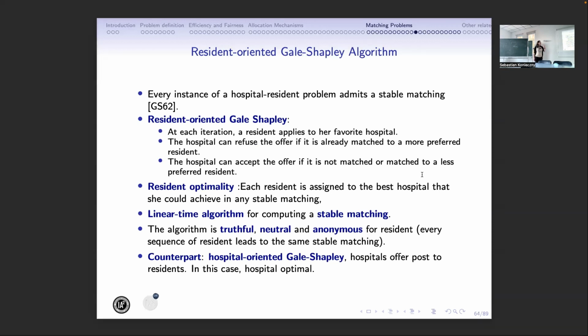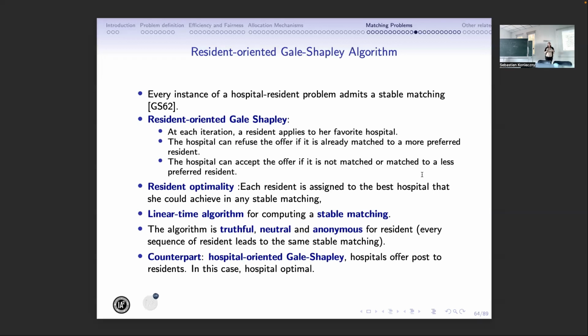She will apply to her favorite hospital, and the hospital can say, okay, you can come into my hospital, or it can refuse the proposal. The hospital will refuse if it is already matched to a resident that it prefers to the resident who made the proposal.